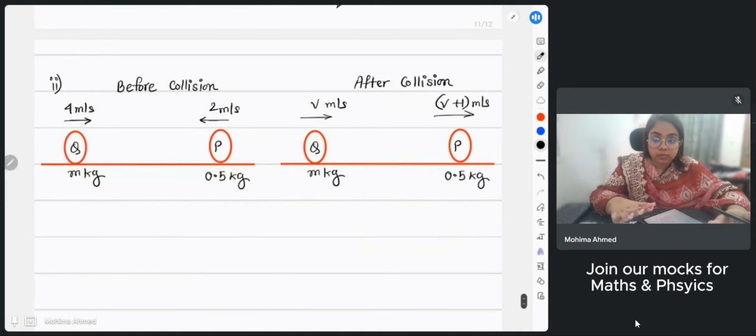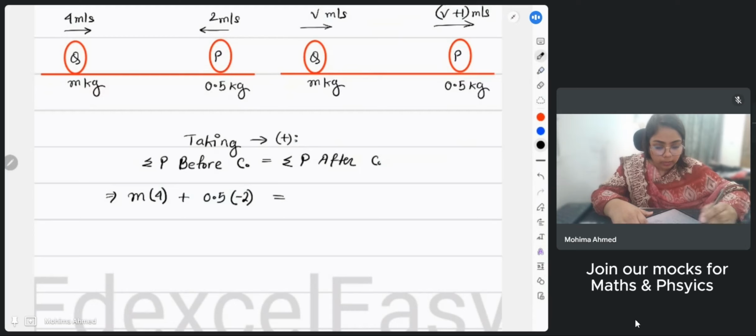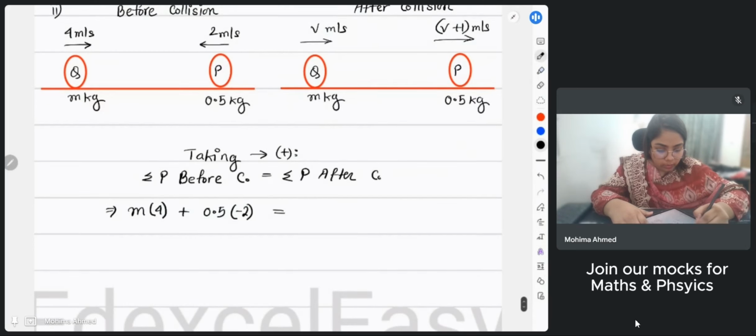So in that case, again, total momentum before collision must be equal to total momentum after collision, which is m multiplied with 4. This will be positive, but 0.5 multiplied with negative 2. And this will be mv plus 0.5 (v plus 1).